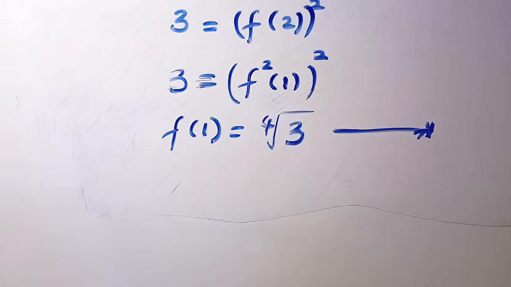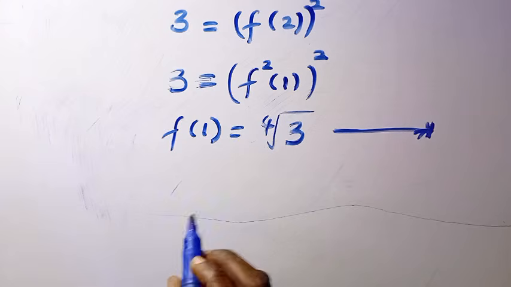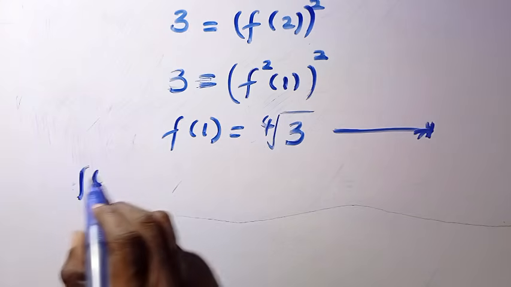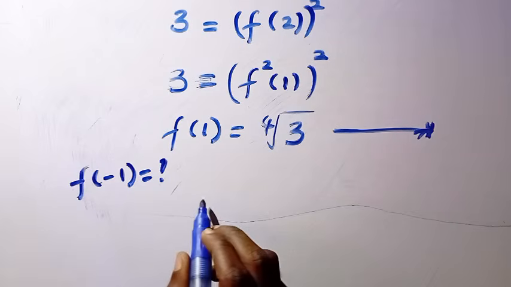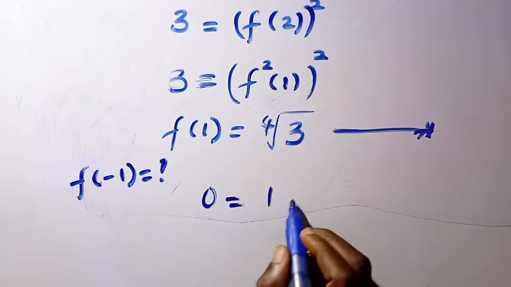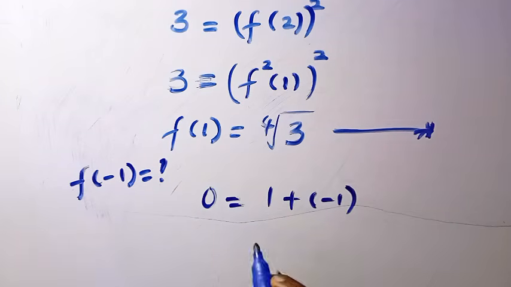So since I've gotten f of 1 equals the fourth root of 3, I need to shift to the negative part of this. Note that I'm looking for f of minus 1. If you note that 0 equals 1 plus minus 1, so this gives us 0.